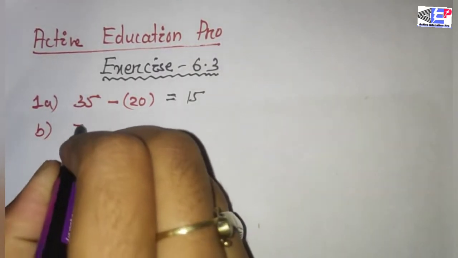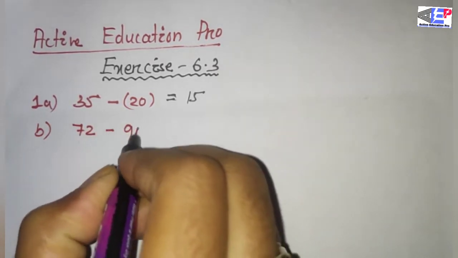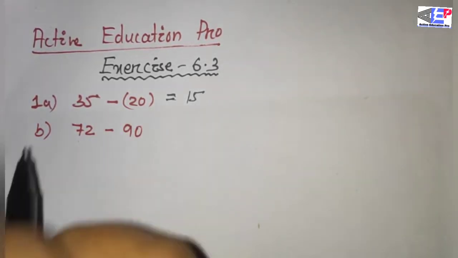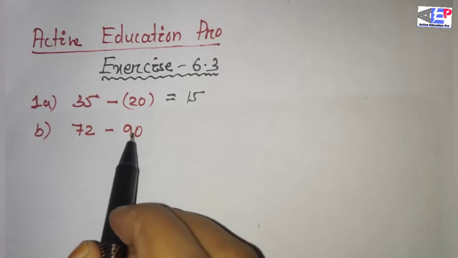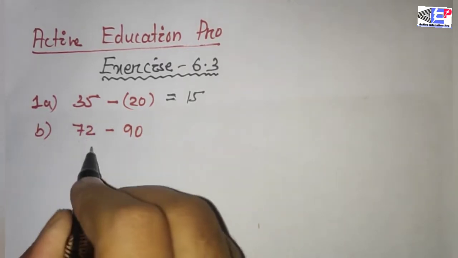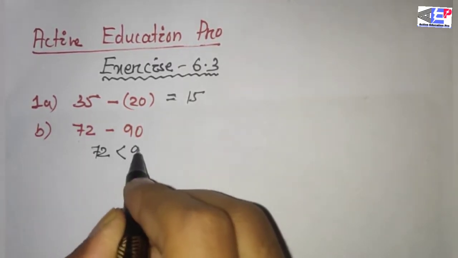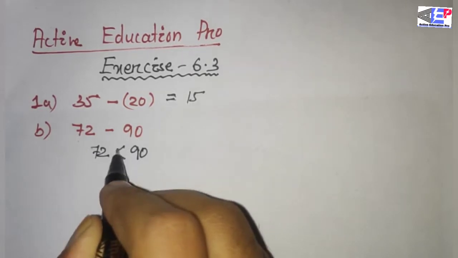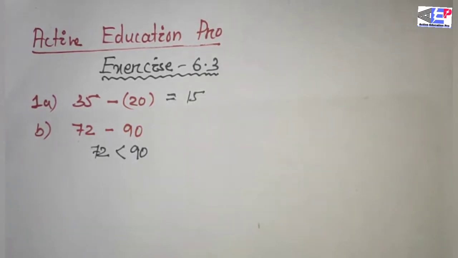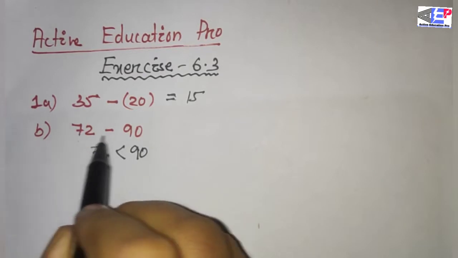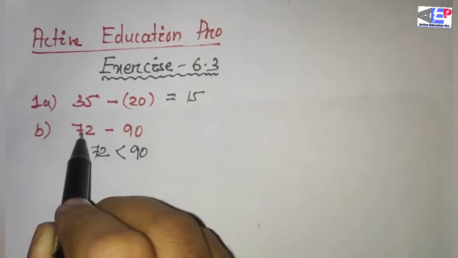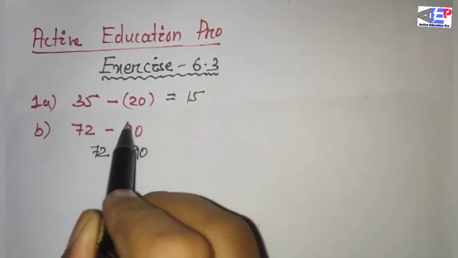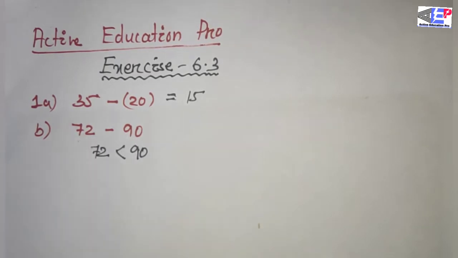72 minus 90. Look here, 72 minus 90. 90 is greater than 72, and 72 is less than 90. Here the greater amount is to be subtracted from the smaller amount.